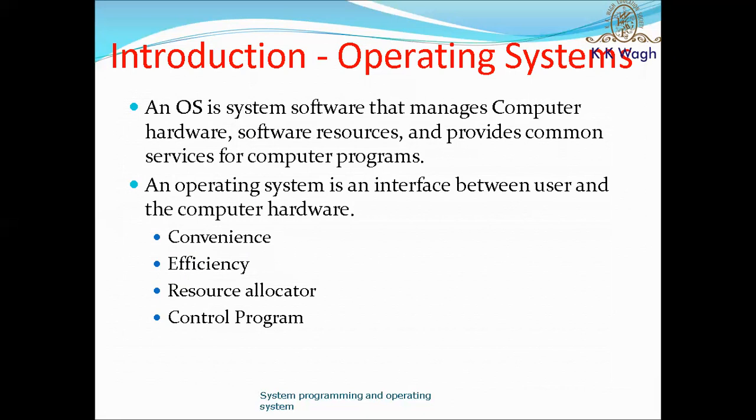OS functions can be classified into resource allocation and related functions and user interface functions. An operating system is an interface between the user and the computer hardware, and basically it provides convenience, efficiency, resource allocator, and control program to the users.